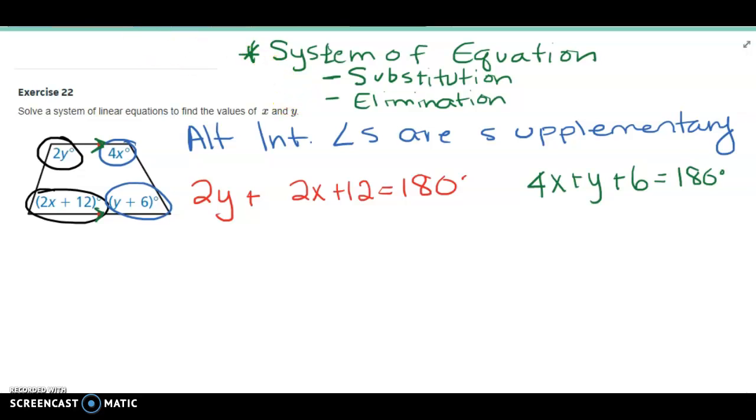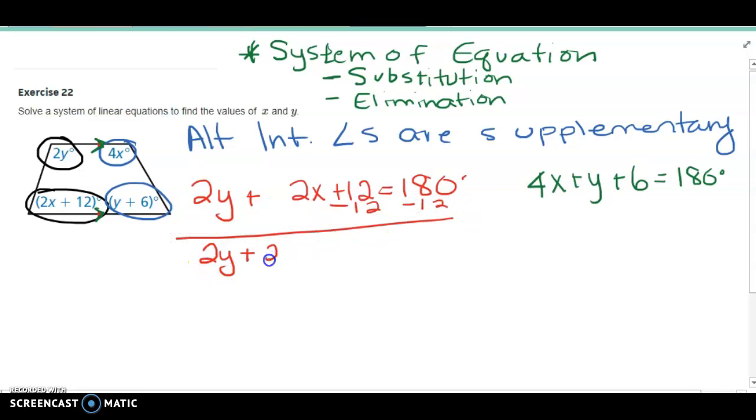All right, I'm going to show you how to do this, but first I'm going to clean up these two equations. I'm just going to subtract 12 on both sides, and I get 2y plus 2x equals 168. Then over here, subtract 6. Let's change this back to green so I don't confuse you.